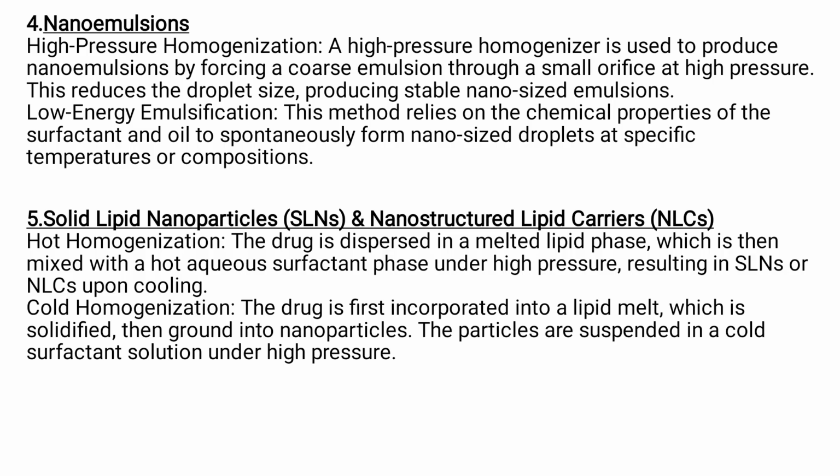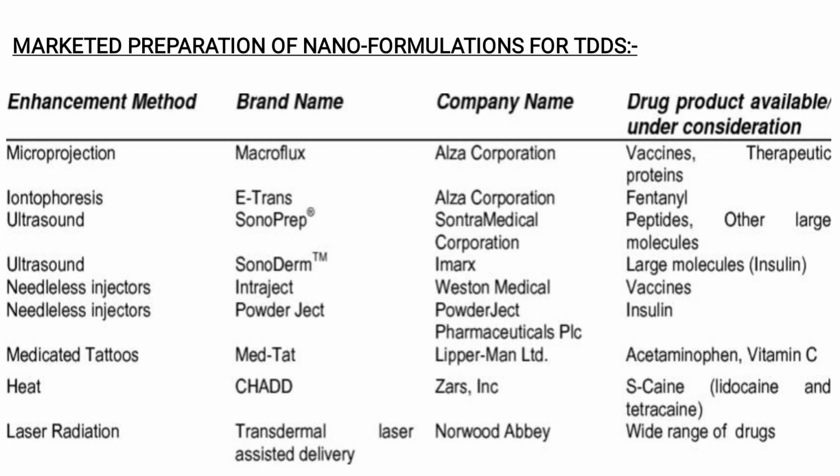In hot homogenization, drug is dispersed in a melted lipid phase, which is then mixed with the hot aqueous surfactant phase under high pressure, resulting in solid lipid nanoparticles. And in cold homogenization, drug is first incorporated into lipid melt, which is solidified, then ground into nanoparticles.